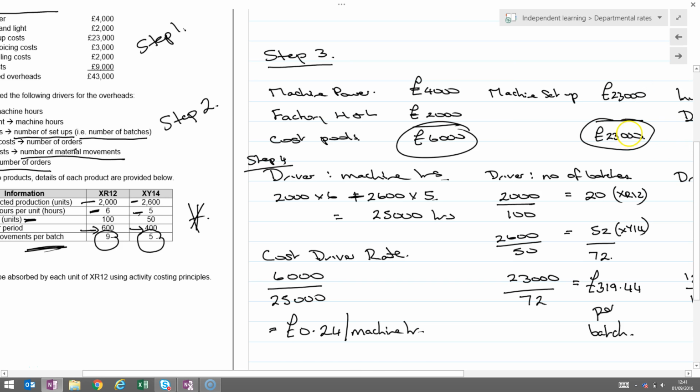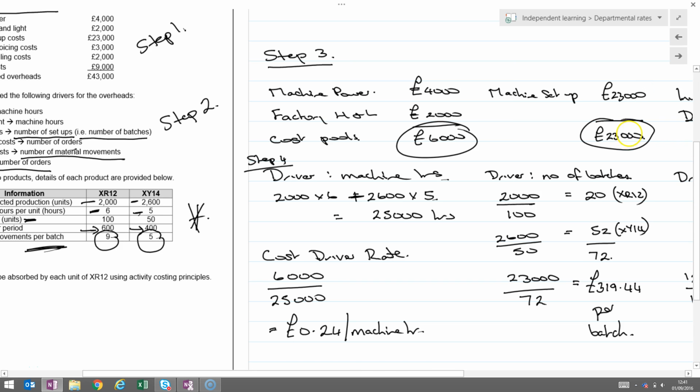So that's the second overhead figure. So then our third cost driver rate, £12 per order. So per order, it's £12. How many orders were placed in the period for the XR12? 600 orders. So that's £7,200.